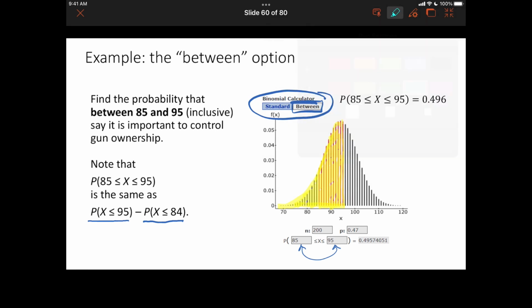So I need to take off the part that's extra, and that's exactly this bar that starts at 84 and goes to the left. That's the probability that X is less than or equal to 84. So if I take the yellow and subtract the blue, I get the red that I've now hidden that I wanted. Okay. All right, when we plug that into the StatCrunch calculator, we find that the answer is 0.496.